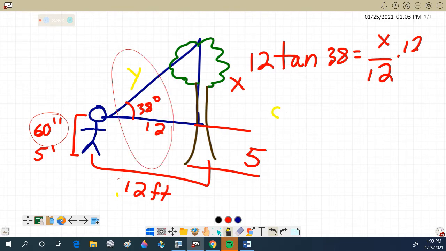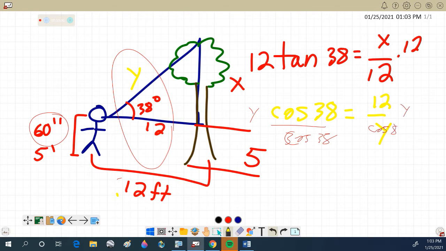So the cosine of 38 is 12 over y. How do you solve these? So here's the long way. You multiply by y, and then divide by the cosine of 38. Okay, that's the long way.